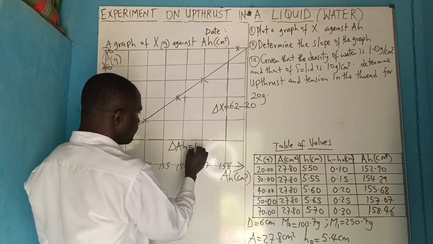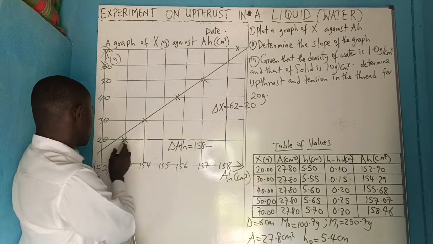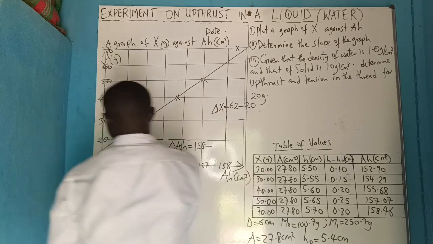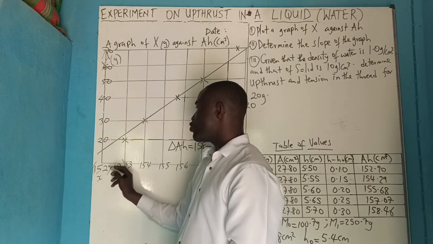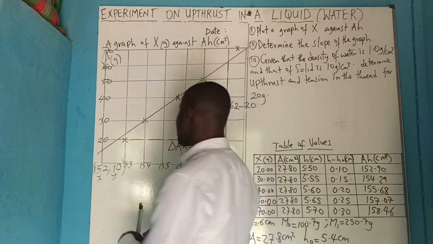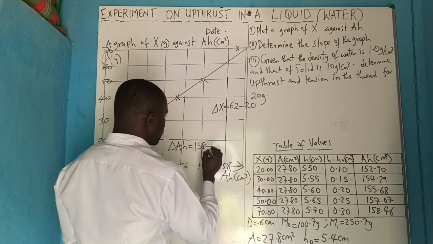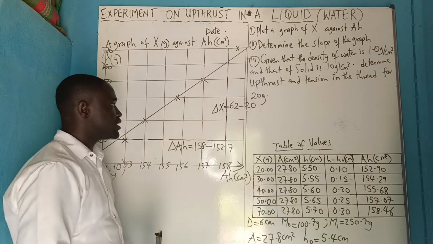Here is 158 minus, then here is about more than half. So we can say 152.5, 152.6 or 152.7. So we can say 152.7. Are you getting it?